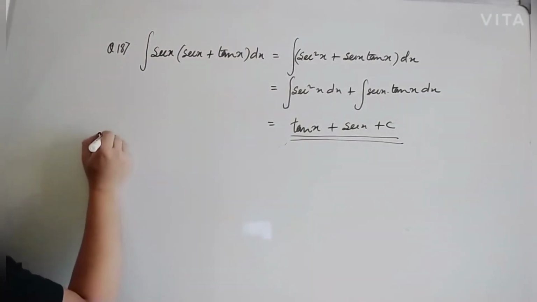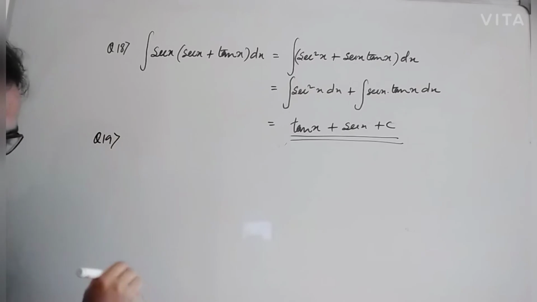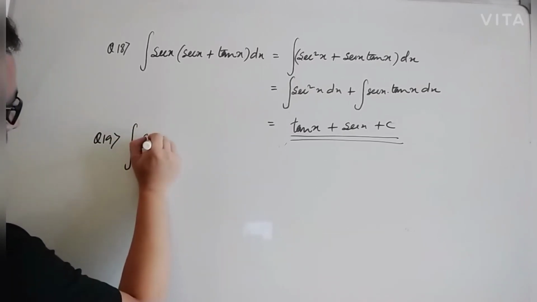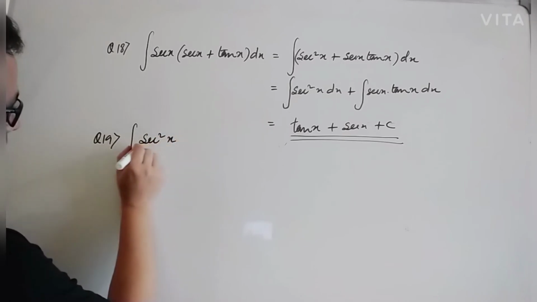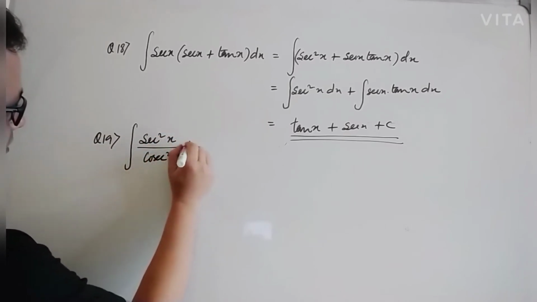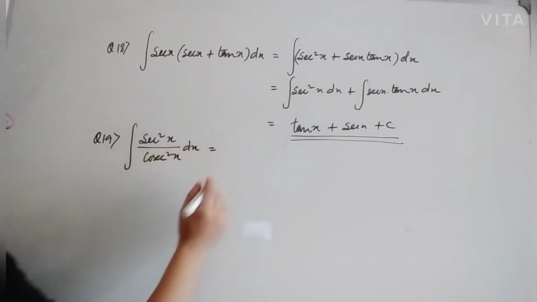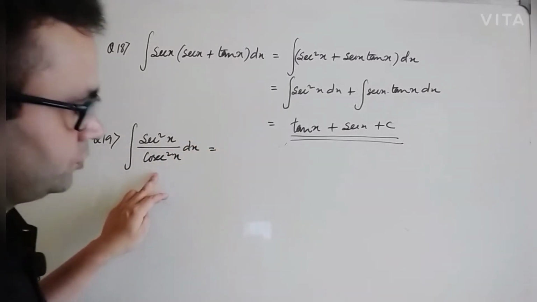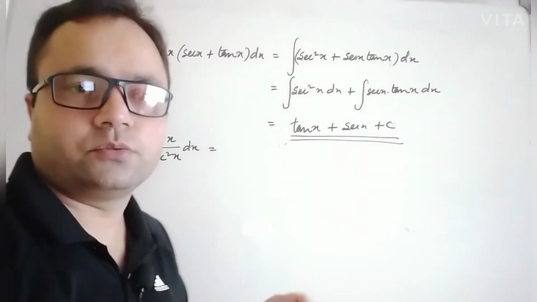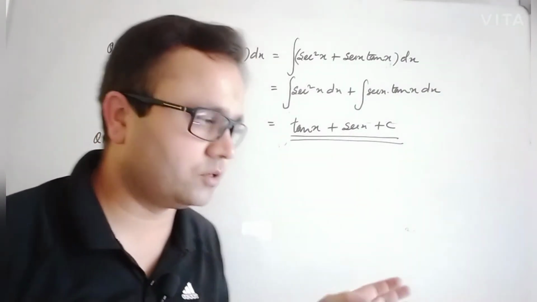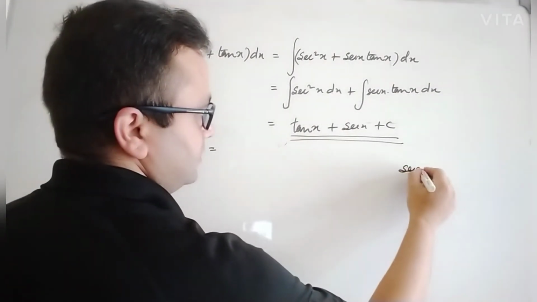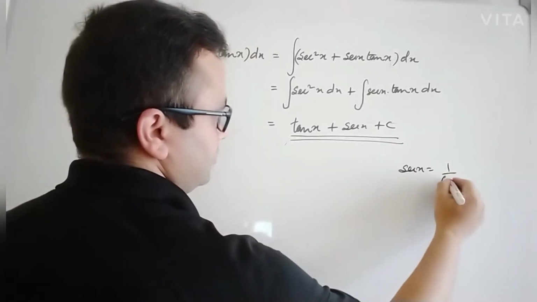Now question number 19 is the integration of sec square x divided by cosec square x dx. We know that sec is the reciprocal of cos, so instead of sec x, we can write 1 by cos x.